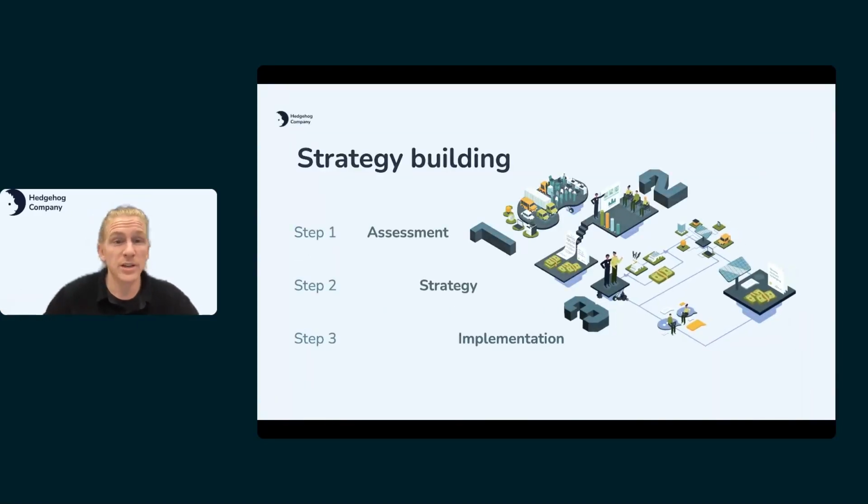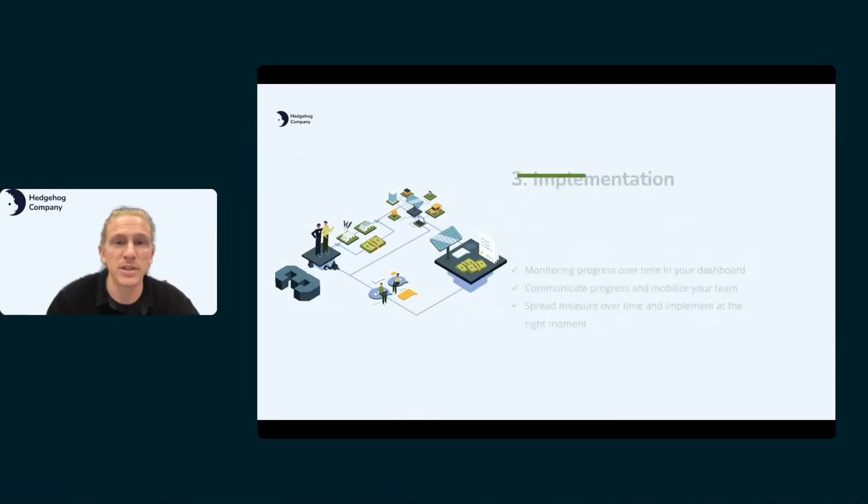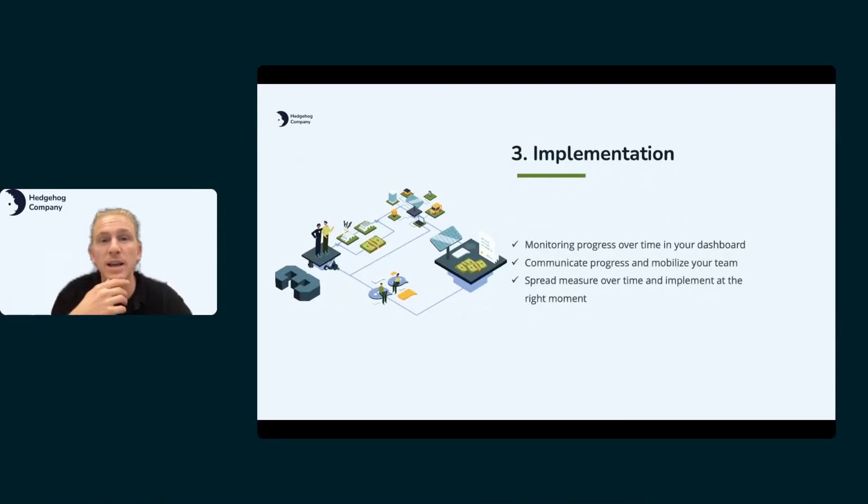Then, of course, no strategy without implementation. Again, the role of the Hedgehog Carbon Dashboard here is also very, very facilitating. You can monitor your progress over time in your dashboard, of course, so you can see whether reduction measures have actually contributed or have made sense. But very important is actually the second part. You communicate the progress of your carbon footprint, and therefore you can mobilize your team, because everyone has to change.